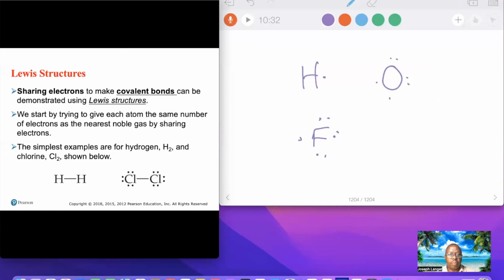So they end up with the same number of electrons as the nearest noble gas when they form the bond. So here chlorine will be like neon, sharing their valence electron.